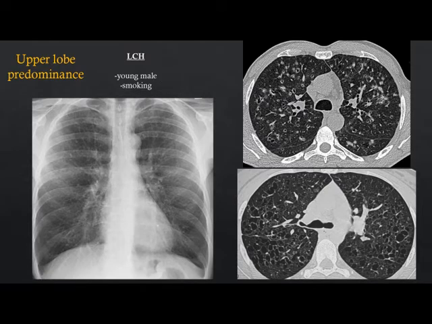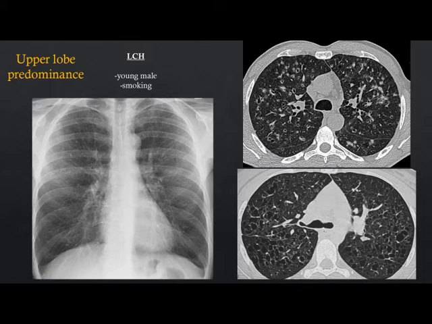And actually the LCH will start as nodularity, mainly centrilobular and peribronchovascular, as in this case. Then as the disease progresses, the nodules start to cavitate, forming small thin-walled cysts. And later on, the cystic change becomes more prominent, as we can see here, more obvious thin-walled cysts with typically bizarre shapes.